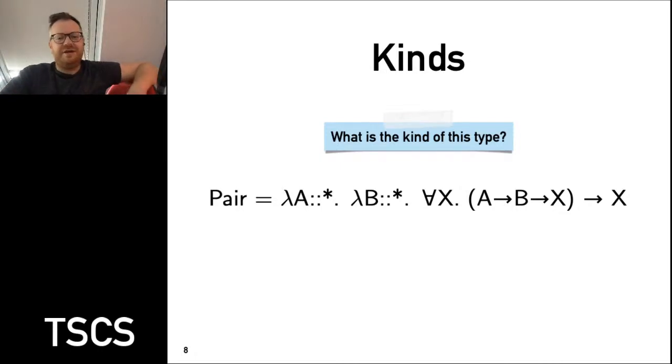It takes an A, which is a proper type, and a B, which is a proper type, and gives you a parametric type in this case. So what do you think is the kind of this type? That's the point where you open the chat window and enter something.